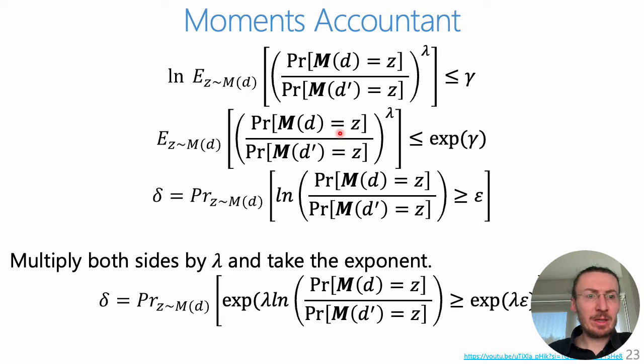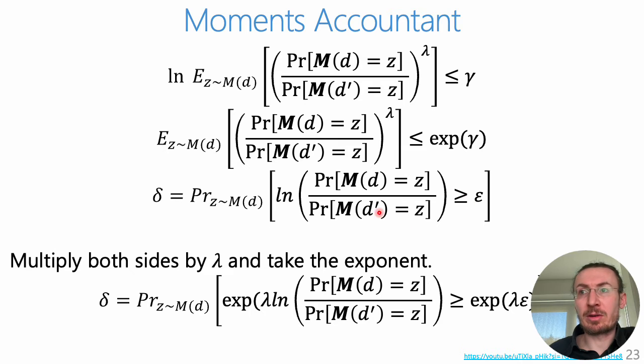So here what we do at the beginning is that we exponentiate both left and the right sides of this inequality. So we get just expectation on the left hand side and the exponent of the gamma on the right hand side. And then the delta is defined in the standard scenario as the probability that this privacy random variable is greater than or equal epsilon.